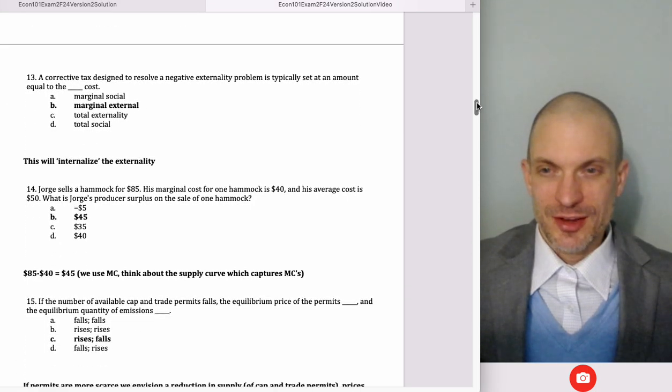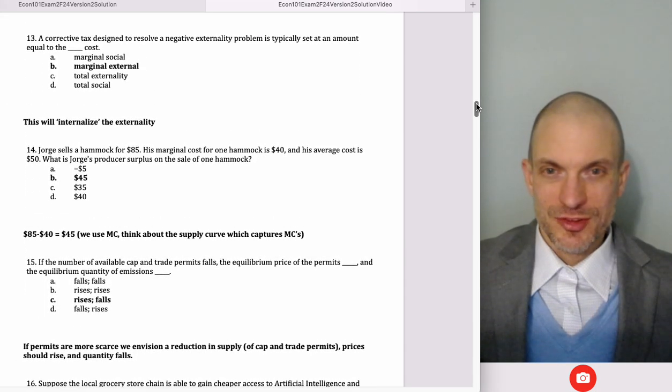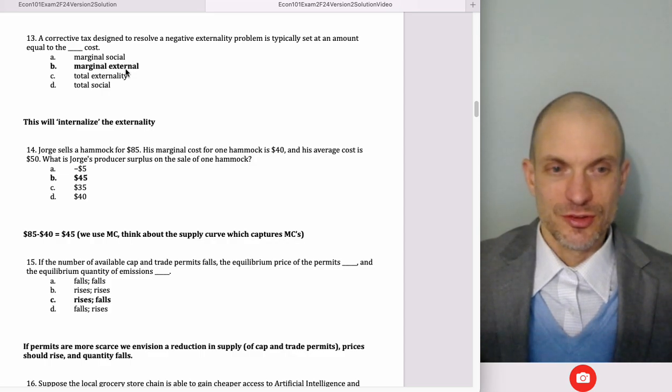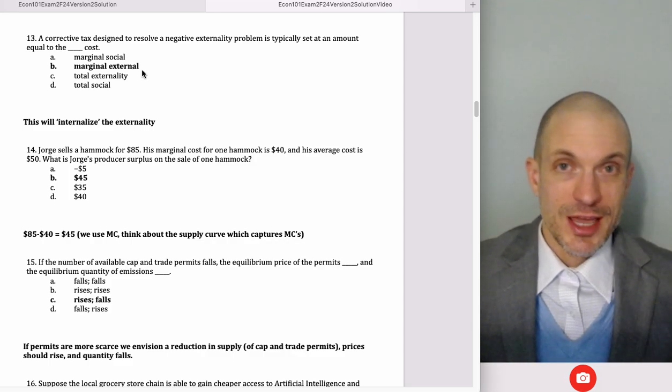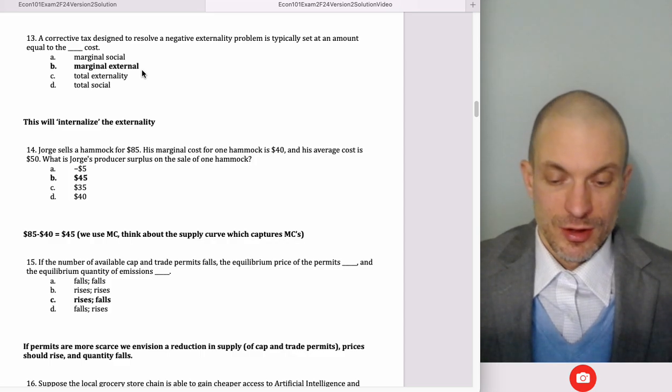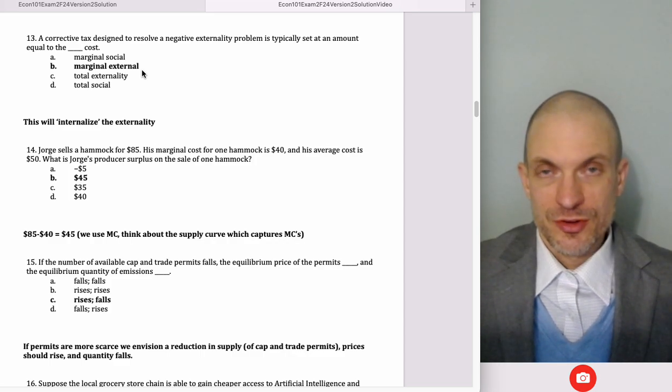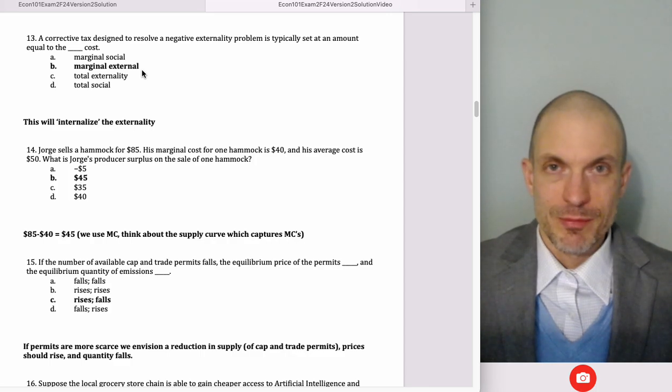A corrective tax designed to resolve a negative externality problem is typically set at an amount equal to the marginal external cost. So if we want to correct for an externality, we want to set the tax equal to exactly the marginal external cost. Remember, the whole problem with the negative externality is that from the perspective of decision makers, this harm caused by their production that's imposed on bystanders is non-salient, meaning it's difficult for them to be aware of it, and it's almost impossible to quantify.